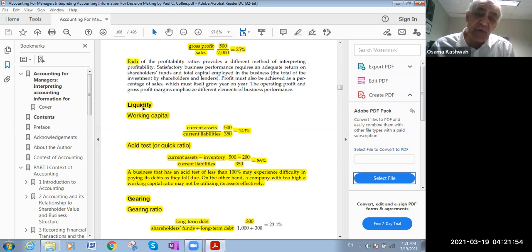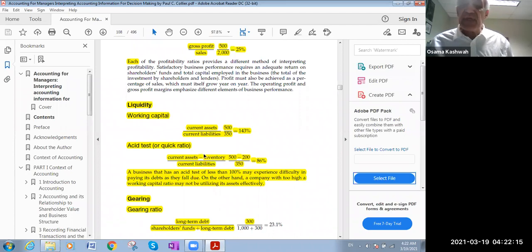We also have another liquidity ratio, like the asset test. We call it the asset test or quick ratio. It's the same as this one, but here we will deduct the inventory from the numerator. So it will be current assets like here, but minus the inventory.